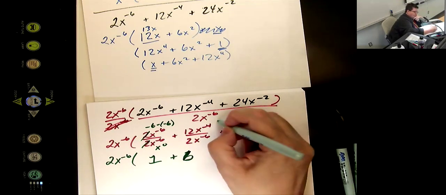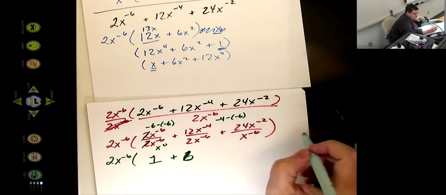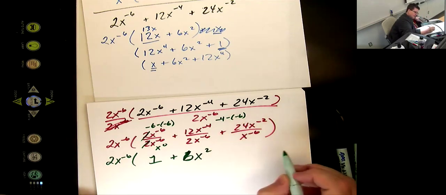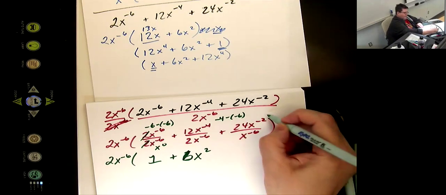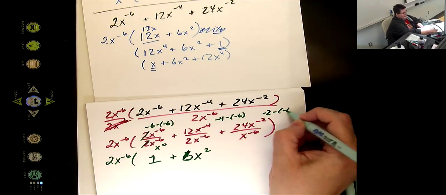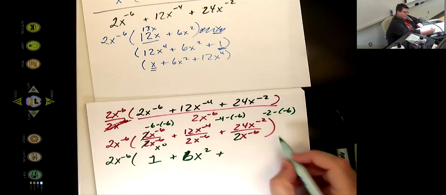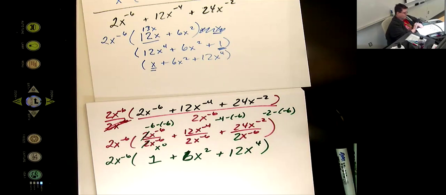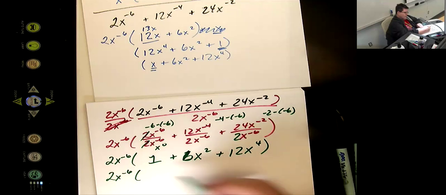And then we have -4 minus -6, so -4 plus 6 effectively is 2, so 6x squared. And then we do -2 minus -6, and we get, I'm missing a 2 there. And if you rearrange the order, you will get what Sarah got.